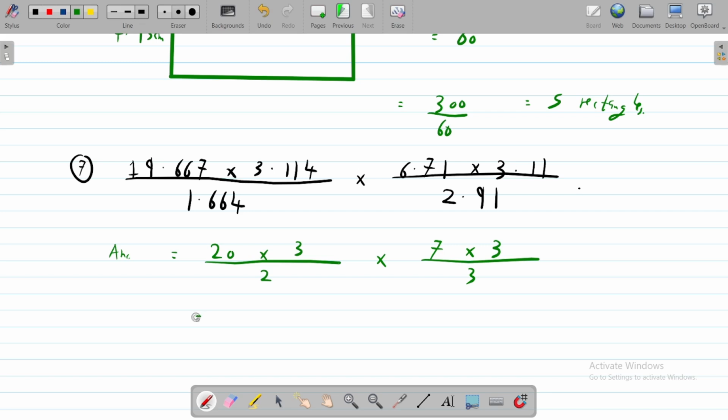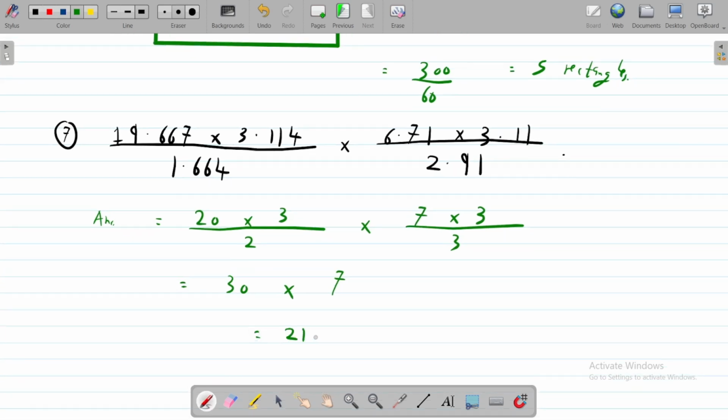And what do we get from this calculation over here? And that would be 30. Okay. And the next one, that would be 7. Correct. And at the end, you can write that down as 210. Does that make sense? Okay. Now let's move on to the next one.